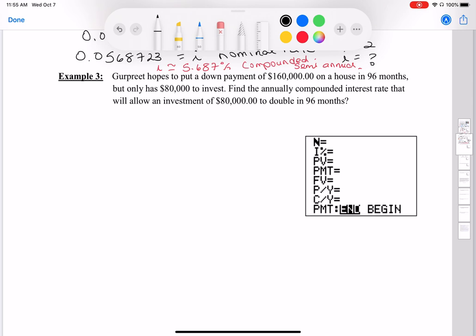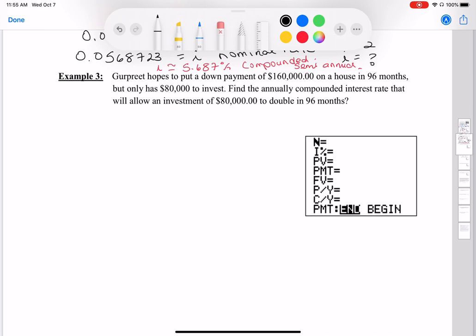Gurpreet hopes to put a down payment of $160,000 on a house in 96 months, but only has $80,000 to invest. Find the annual compounded interest rate that will allow you to invest $80,000 to double in 96 months. All right.